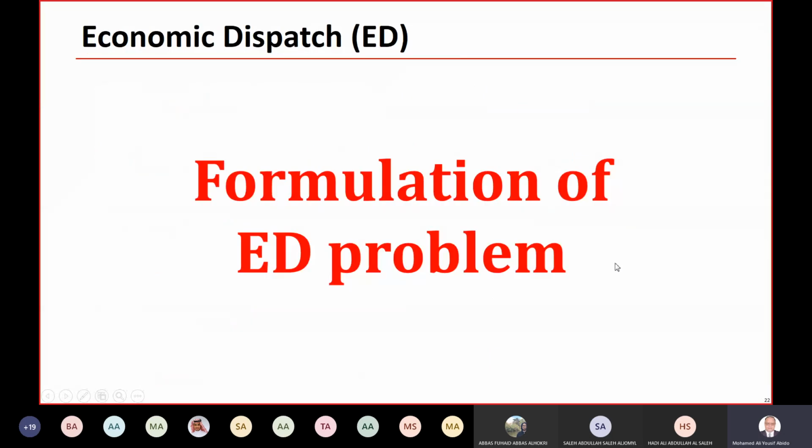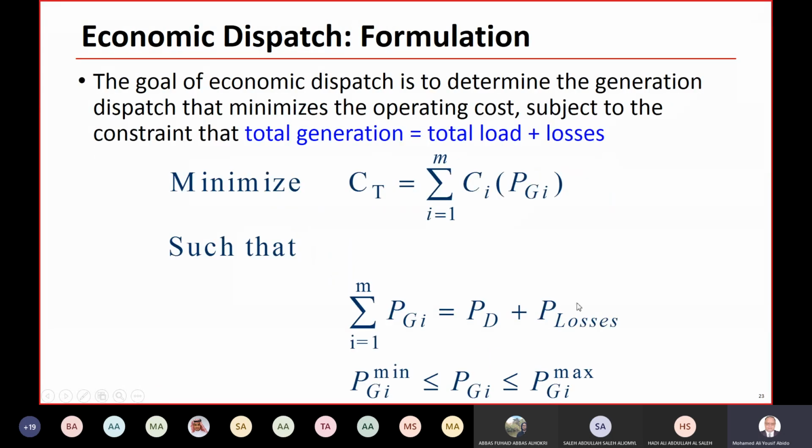Okay. So simply the problem formulation can be highlighted as such: the economic dispatch, the objective, and the constraints. This is the optimization problem in general. In an optimization problem, you have to define the objective function. What is your objective?